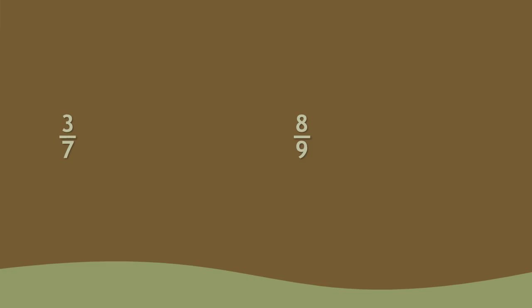Now, what about these two common fractions? We can't use the same strategy that we did in the last slide because 7 and 9 are not multiples of 100. We cannot divide either of these numbers evenly into 100. So we're going to need to find the percents that equal 3/7 and 8/9 a little differently. For these two, we first have to turn them into decimals.